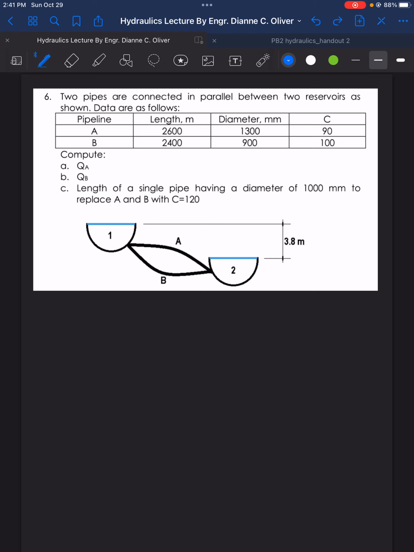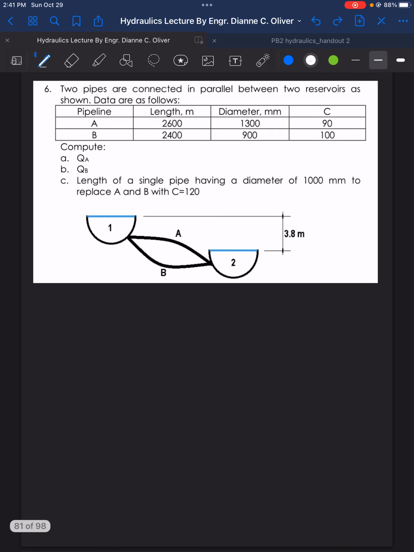From this relationship, you can see that A is parallel to B. So you can see that HFA is equal to HFB, and this is equal to the total head loss of 3.8 meters.